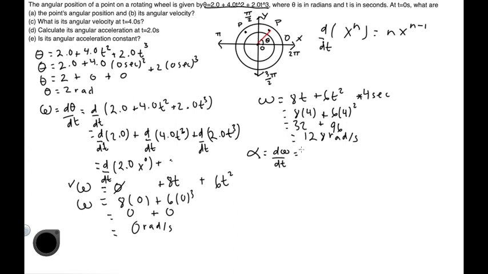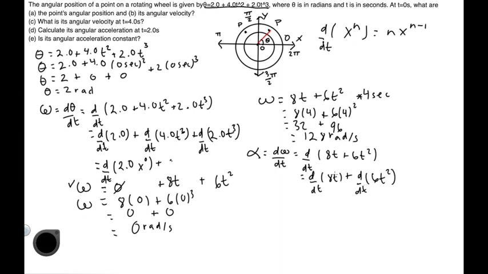In this case, we have the derivative of 8t plus 6t squared. Essentially, we can just break up this derivative again into smaller components, if this helps you solve it easier.